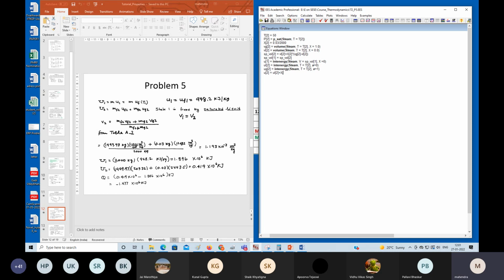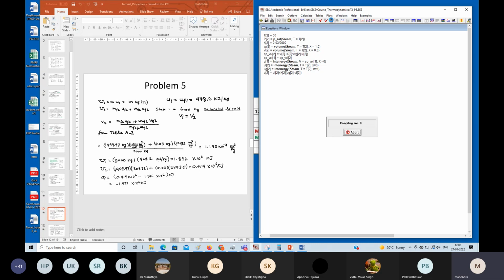X2 we have calculated, I think. Yes, X2 is here, the quality fraction already. That way U2 we are calculating.